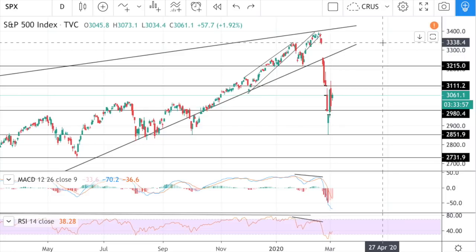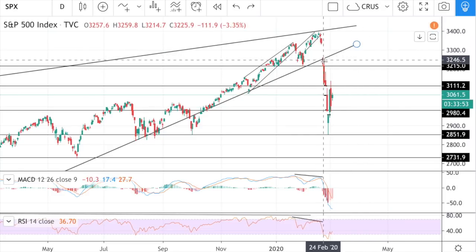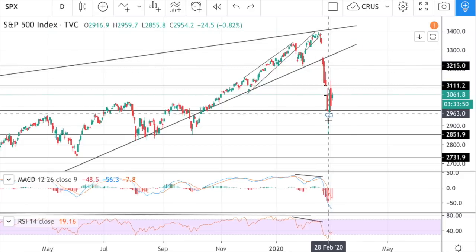Now, I think this scenario is very unlikely considering the magnitude of the sell-off and how impulsive it was. And having taken a look at the weekly chart, I can show you exactly why I think the first scenario, which is the bearish scenario, will play out.